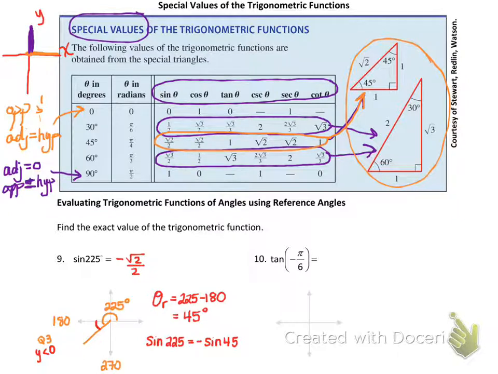All right, tangent of negative pi over 6. Well, we need it to be positive, so first we need to actually find our coterminal angle. So our coterminal is going to be negative pi over 6, and we just add 2 pi to it.